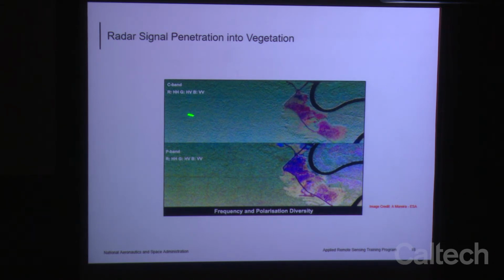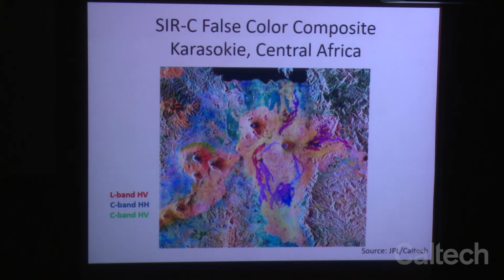This C-band is more reacting to the vegetation cover, and I draw your attention over here where you're seeing almost no difference between these regions. But over here at P-band, with a very long wavelength, again, these are false color composites, you're seeing a very different VV backscatter dominated signal that's related to the penetration of the longer wavelengths into the canopy.